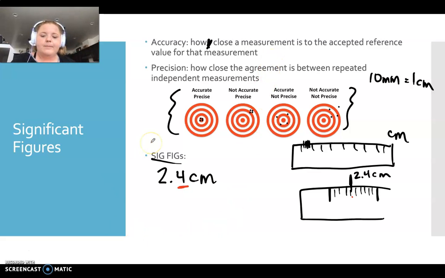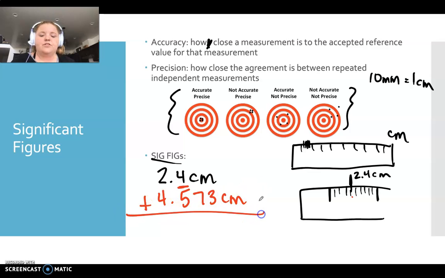Another thing with significant figures is you need to pay attention when you're multiplying or dividing or adding and subtracting. Say I want to add 4.573 centimeters to this. For some reason in my calculation, this is what I need to do.